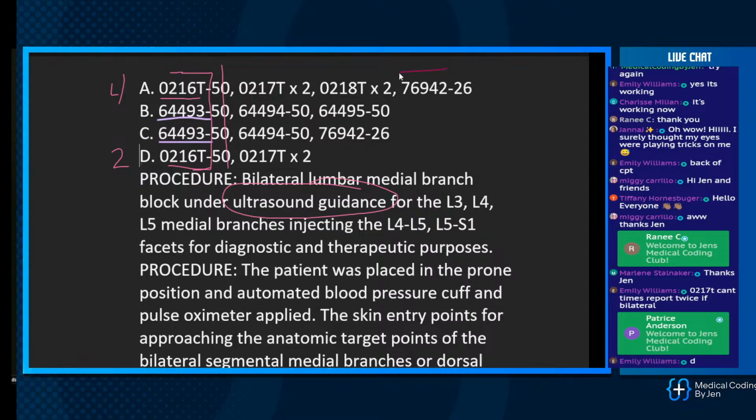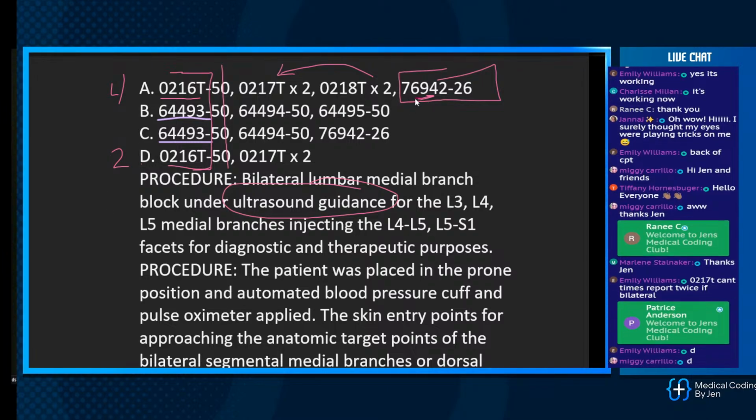Would we add a radiology code to this T code? In addition, if you're too scared to eliminate just by the number of codes you're dealing with, look for this coding irregularity. We have our guidance included in our procedure code. We wouldn't tack on another radiology code onto these because it's already included.